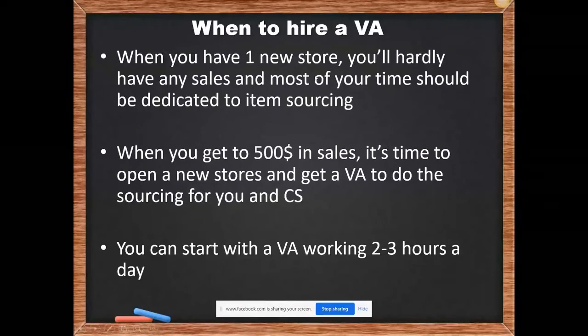Now, as we've discussed, as a rule of thumb, if you manage to get to $500 in sales within your first month, it usually means your store is pretty much stable. Okay, so now it's time to take care of and nurture a new store. So someone has to take care of the first store, and this is a VA.